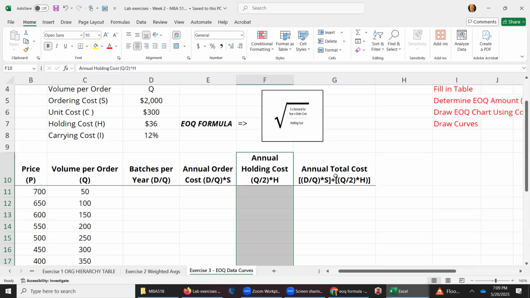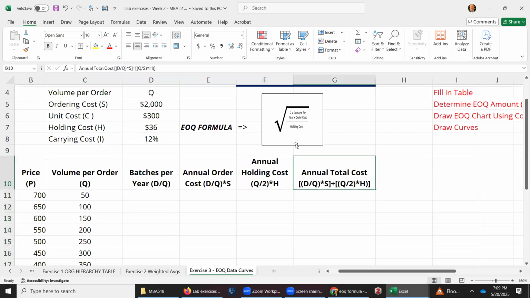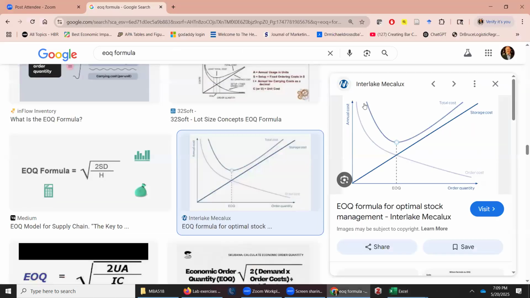Then you're going to see this total cost curve, where I've got this divided by this times this, plus quantity divided by two. Basically, it is a convex curve where it'll go down for a period of time and then go back up.